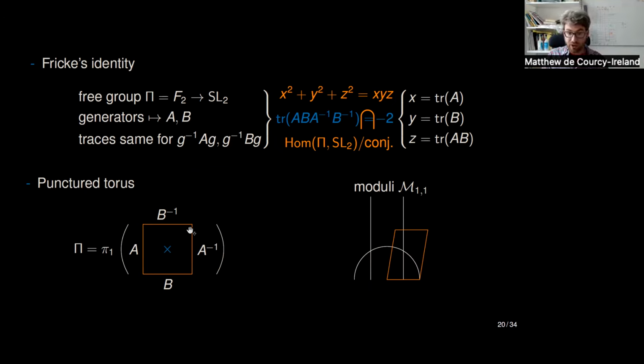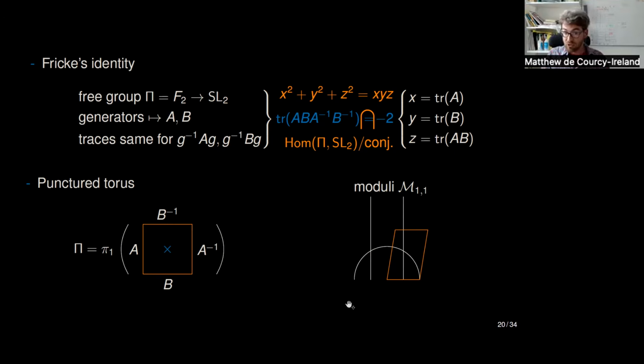So you identify the opposite sides according to A and B. And the commutator now goes sort of all the way around the puncture from A to B to A backwards to B backwards. So the Markov surface is the part of Hom from pi to SL2 up to conjugacy, where you fix the trace going around the puncture to be minus 2.